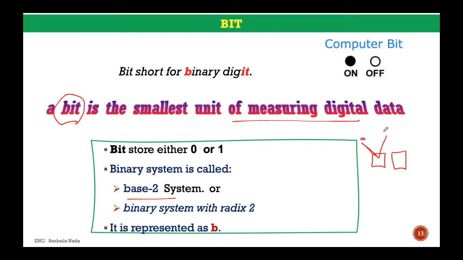So we cannot say we have 2 bits. No, wrong. We have to say it is the base 2 system because it has only 2 symbols, 0 or 1 only. Okay, you got it, dear? Yes, thank you. So it is denoted by the letter b.